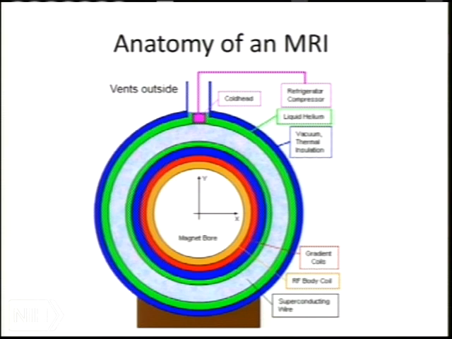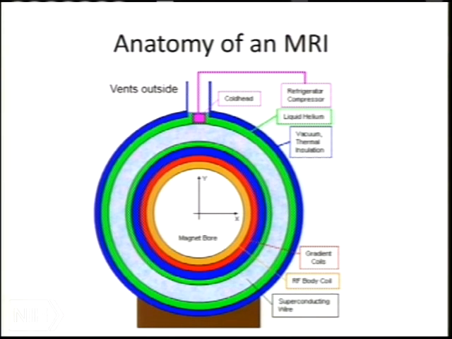These are those big scanners most of you have probably seen or have actually had an MRI. And what's going on in that machine? Well, in order to generate the large magnetic field, you have to apply a large amount of energy inside the magnet. And to keep that going, you need to keep it at liquid helium temperature so that it's superconducting.